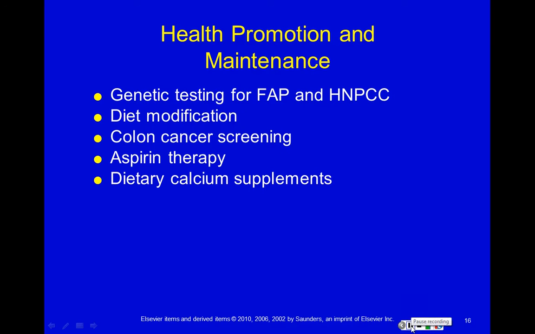HNPCC stands for Hereditary Non-Polyposis Colorectal Cancer. It's an autosomal dominant disorder that sometimes people will have, and it increases that person's risk of colorectal cancer. And so we're doing this genetic testing. If the mutation is present, then the patient is at risk of developing polyps that can become cancerous.